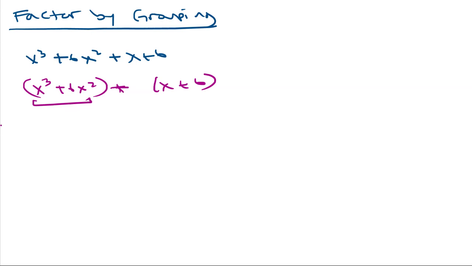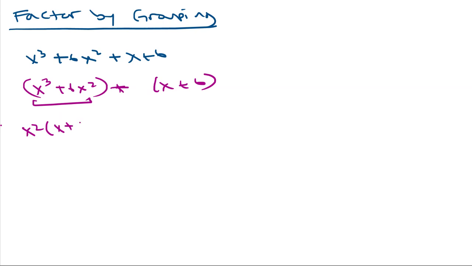In this case I have x squared, and when I pull that out, I have x left over because I had a 3 minus 2, which gives me 1. And then I have plus 1, and I don't have to put that 1 there because that's automatically assumed.